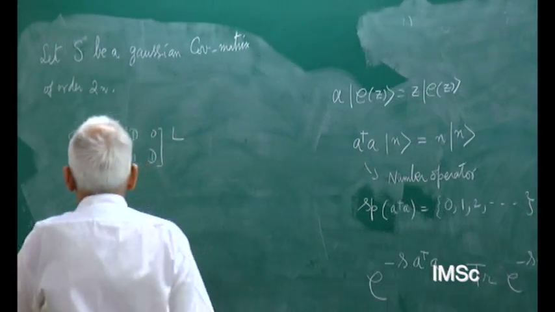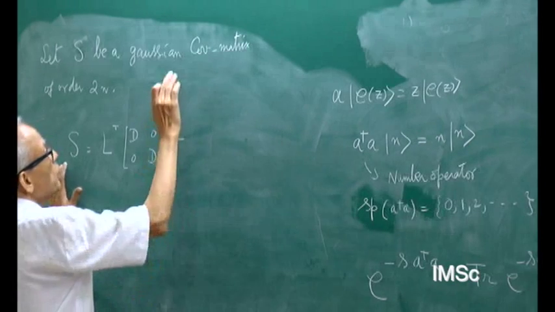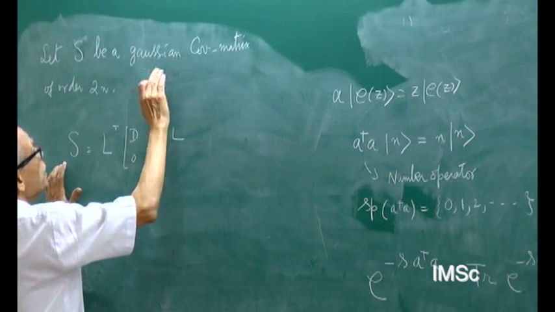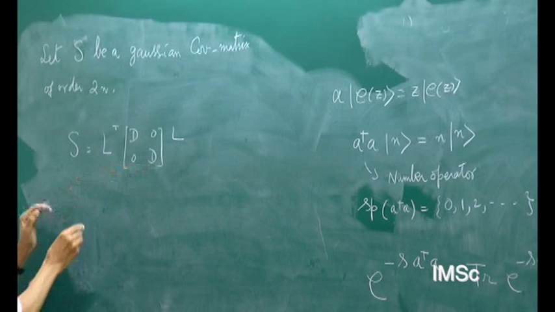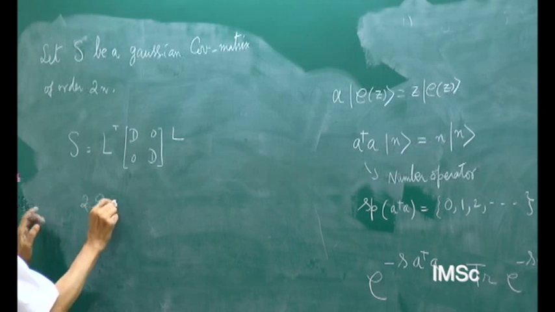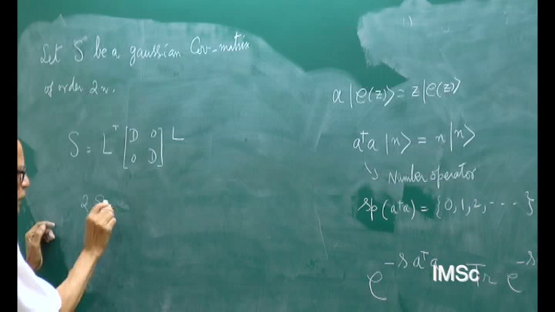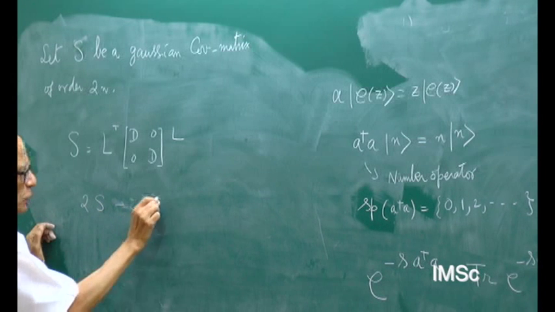But you see, in order that this is eligible for Gaussianity, S must satisfy 2S greater than or equal to 2S minus iJ greater than or equal to 0.